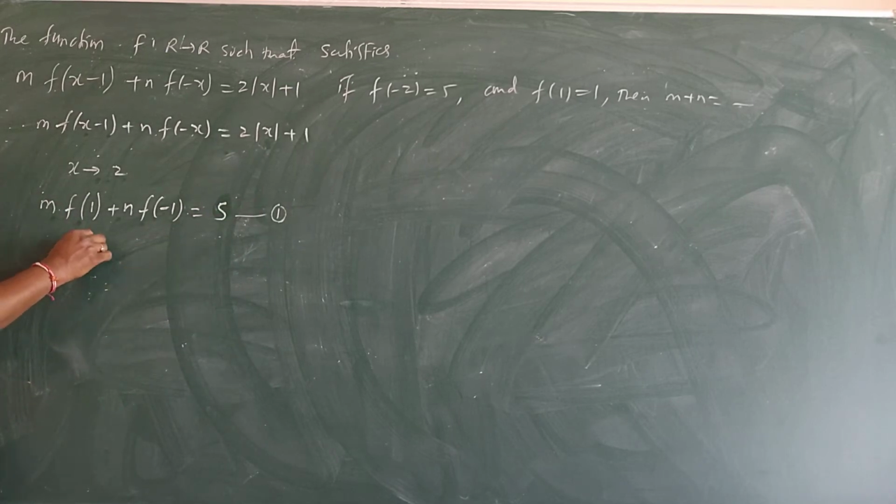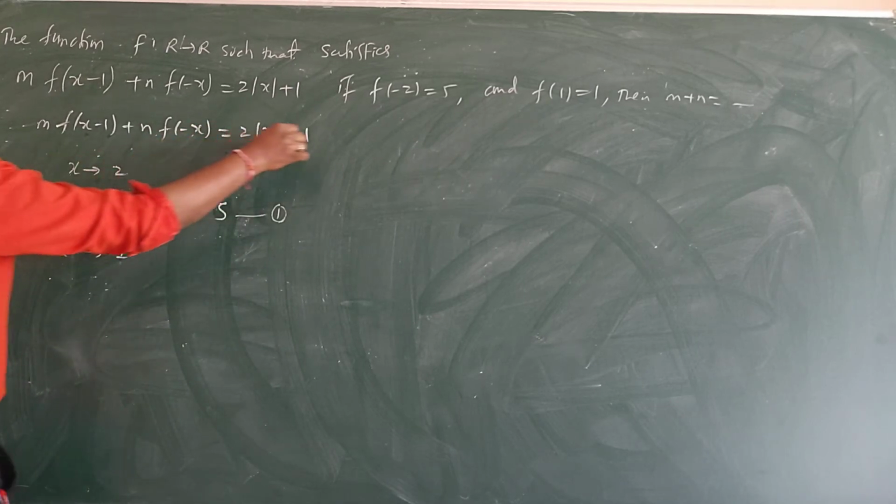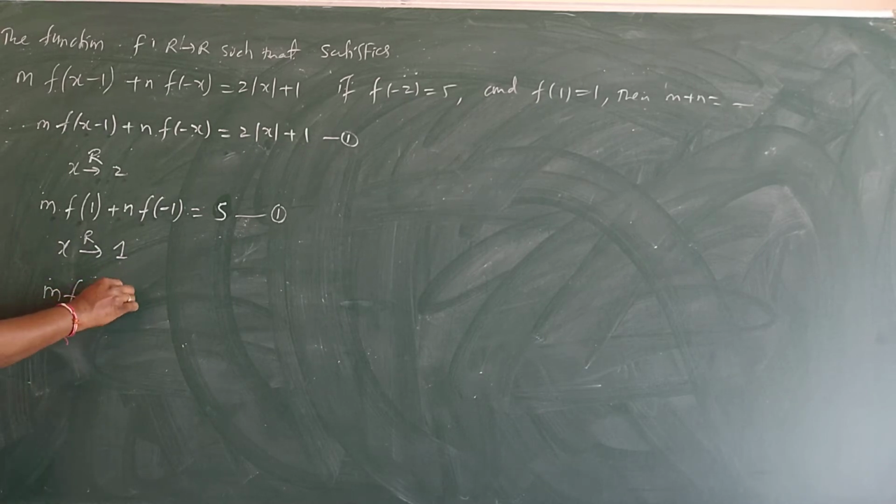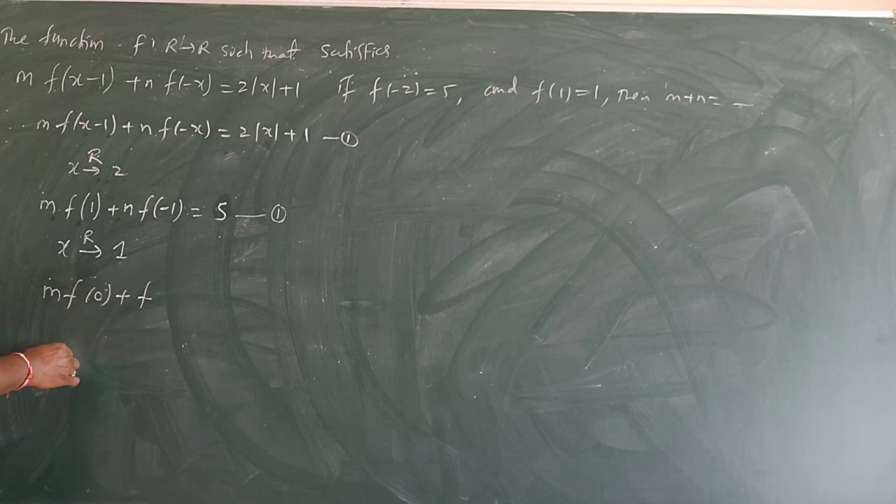If I replace x is equal to 1 in this first equation, what do I get here? m into f of 1 minus 1 is 0 plus f of minus 1.